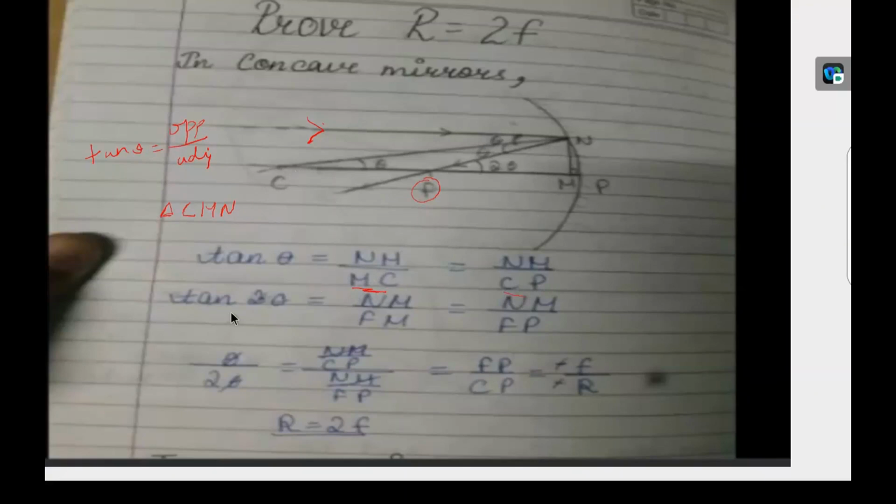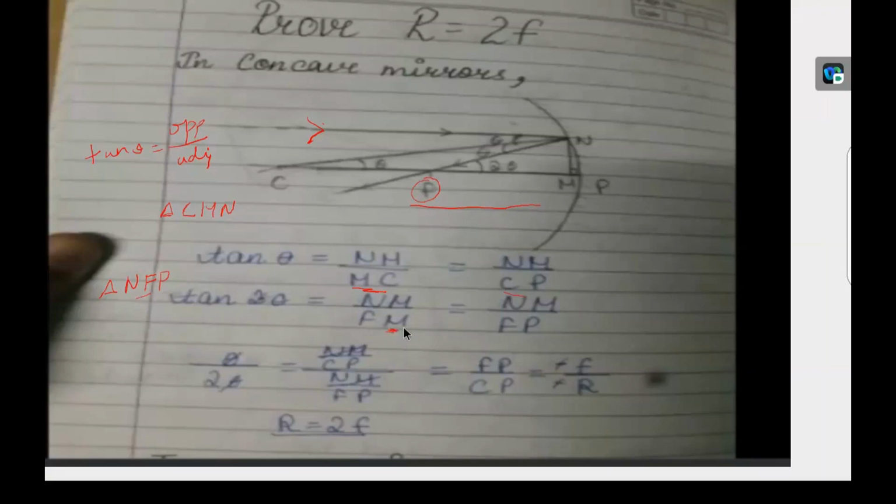Tan 2 theta is equal to NM by FM. Here we have taken triangle NFM. In the triangle, the angle is 2 theta. So tan 2 theta is equal to the opposite side NM and the adjacent side FM.